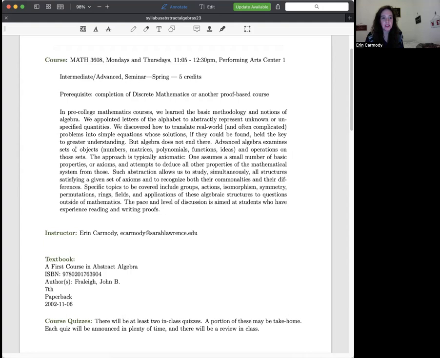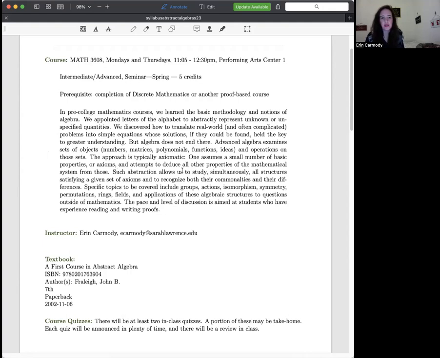Advanced algebra examines the sets of objects, numbers, matrices, polynomials, functions, ideas, and operations on those sets. The approach is typically axiomatic. One assumes a small number of basic properties or axioms and attempts to deduce all of the properties of the mathematical systems from those.